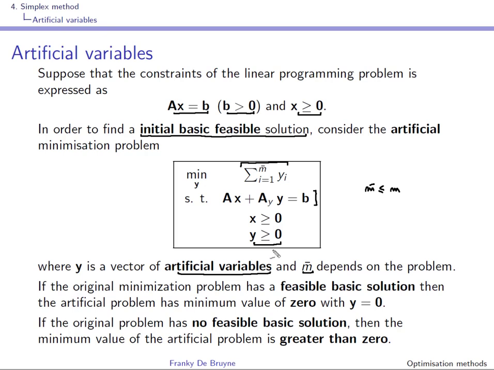Well, if we consider the example that we have treated before, we have added two artificial variables, so m bar is equal to 2. We can stack the variables in y. We had two artificial variables, x6 and x7, and the way we had adapted the constraints is as follows.